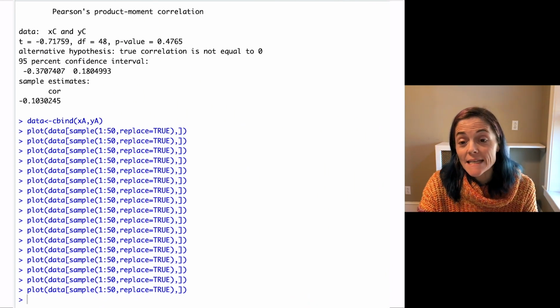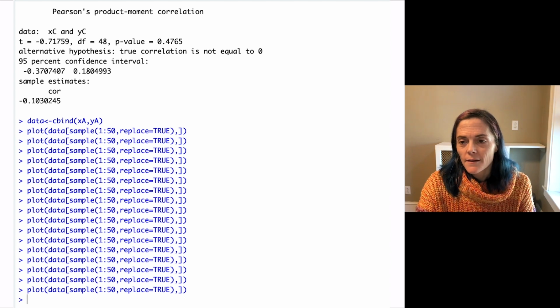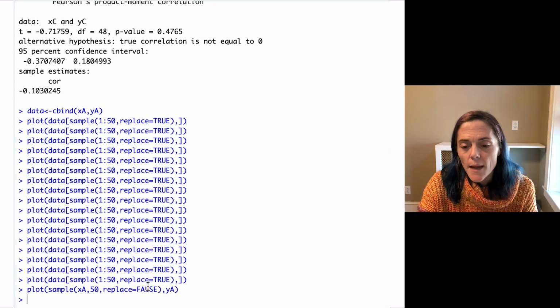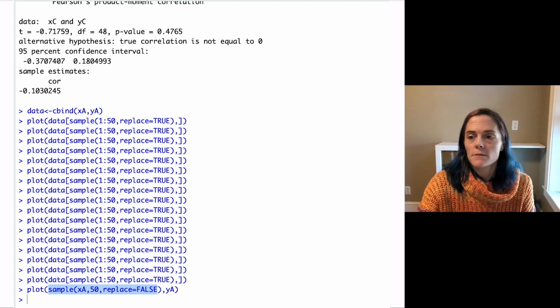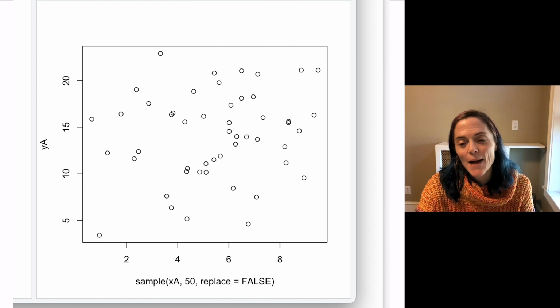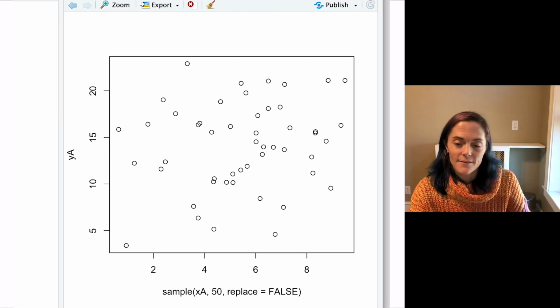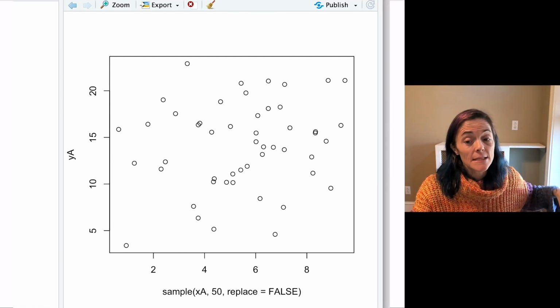For the permutation test, you notice what I'm doing. I'm keeping Y vector the same, and I am permuting vector X. Okay, let's go and look at what happens. You notice here, I did not keep the dependency structure.